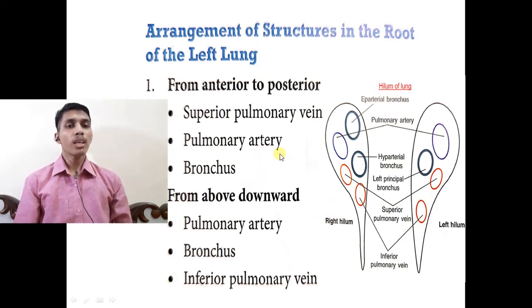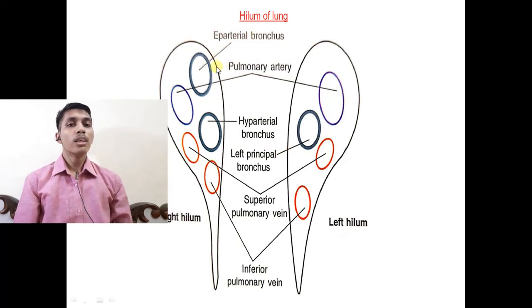Now we have seen that the structures from anterior to posterior in both hila are about similar.